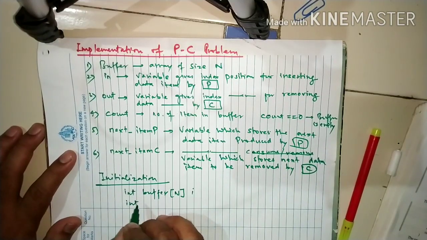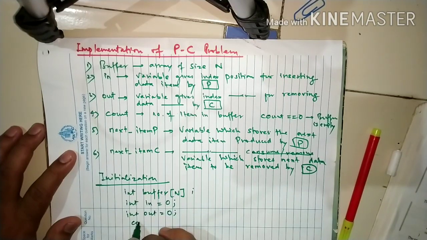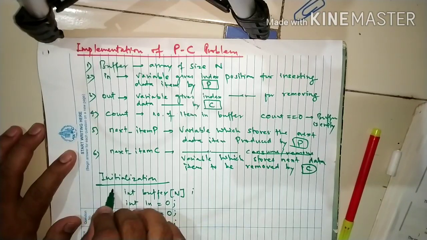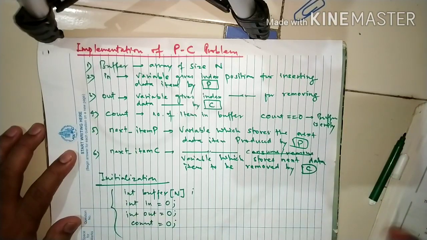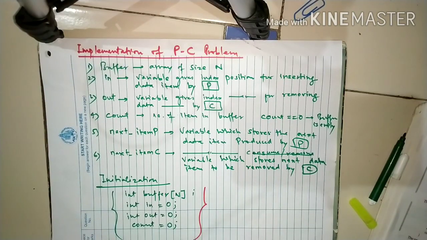Second, the in variable has to be initialized with 0, then the out variable with 0, and then the count variable with 0. So these four considerations we have to make. Now we'll go to the actual coding part of the producer and consumer.